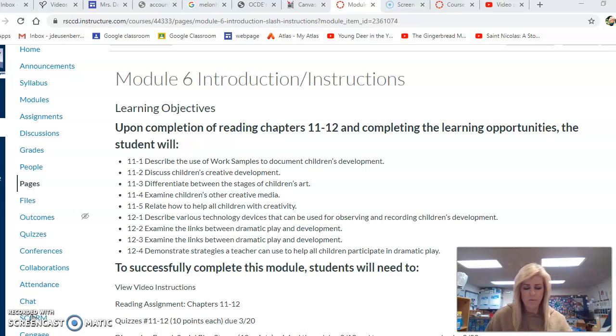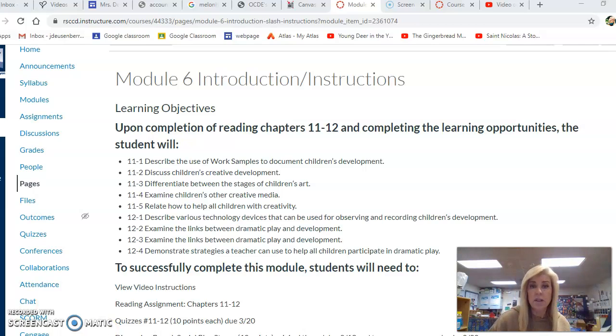We also talk about development domains that you observe during dramatic play, which is creative, intellectual, emotional, social, language and literacy, the executive function, as well as physical. So this is a very important part of childhood. It also ends up talking about our role. As a teacher, what role do we play in dramatic play? And also we'll discuss different methods of observing dramatic play.